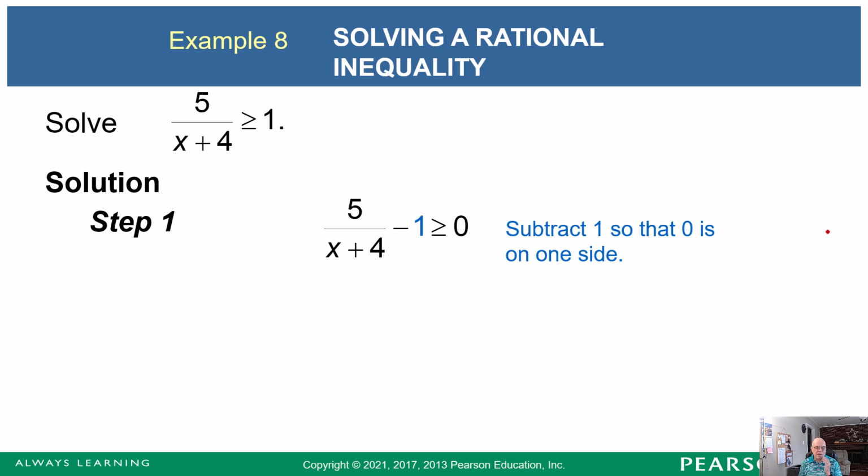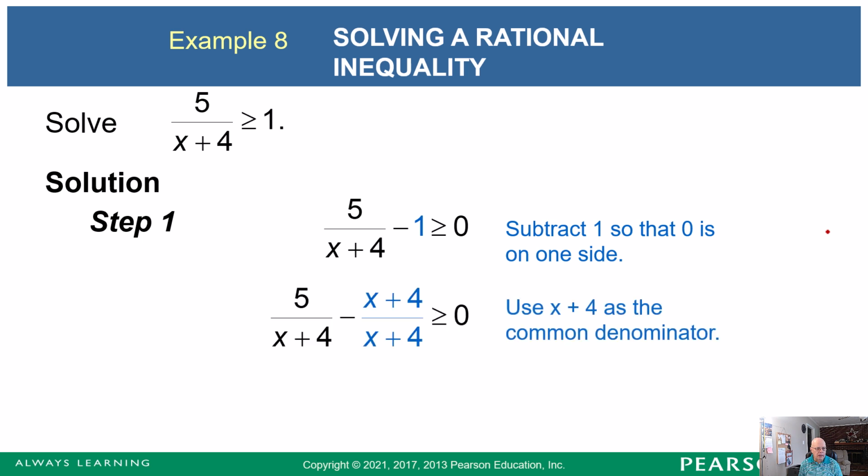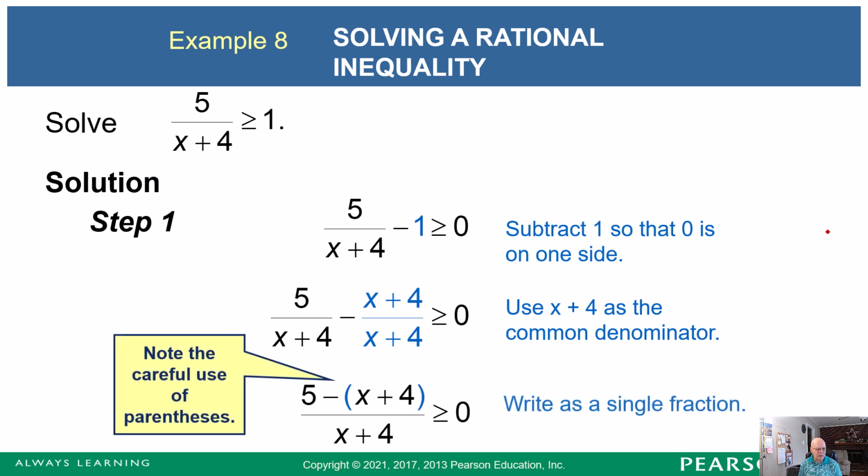So here's our example. We're going to subtract 1 from both sides, so we have 0 on one side. Well, that makes sense, right? Now multiply by x plus 4. That'll make things a little simpler.